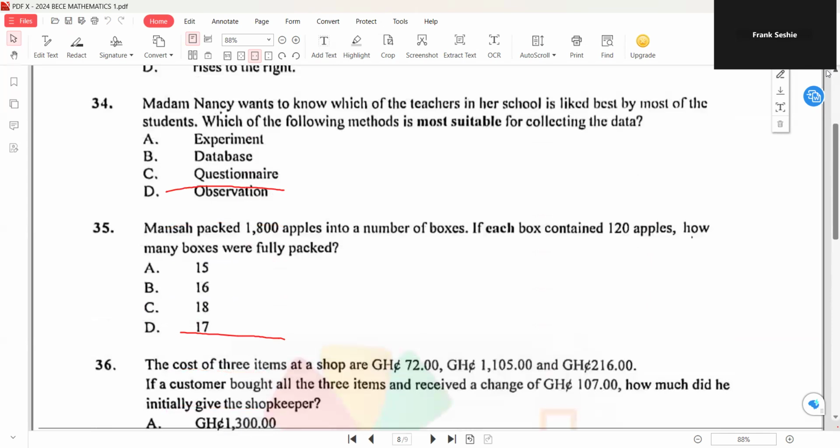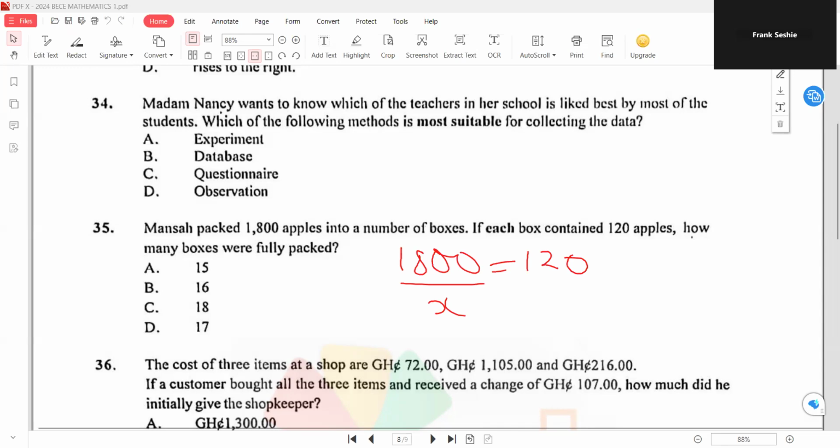Question number 35. Monster packed 1,800 apples into a number of boxes. Each of the boxes contains 120 apples. How many boxes were filled? If we divide the total apples by the number in each box, we will know how many boxes.